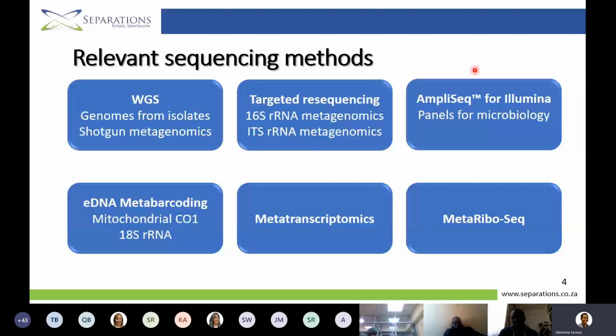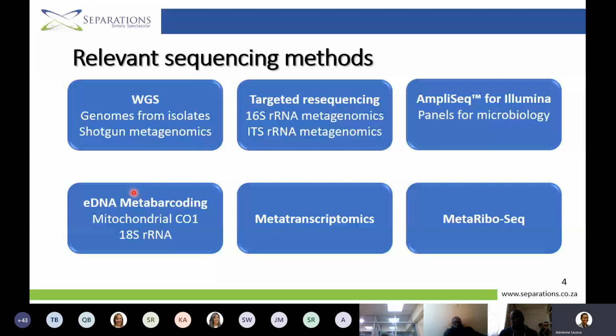You can also look at targeted sequencing based on probes that Illumina particularly offers. And there are some panels that are for microbiology specifically, looking at antibiotic resistance genes, and in the near future, there's also talk about you being able to customize panels for specific genes that you're interested in.